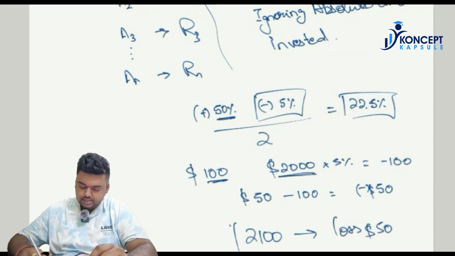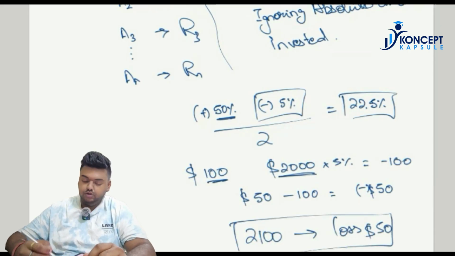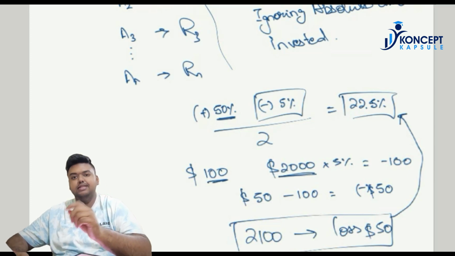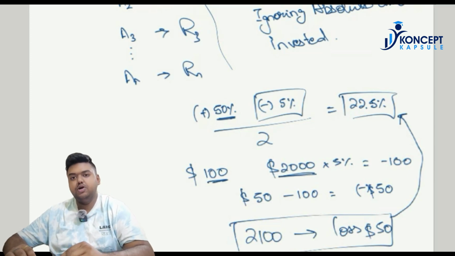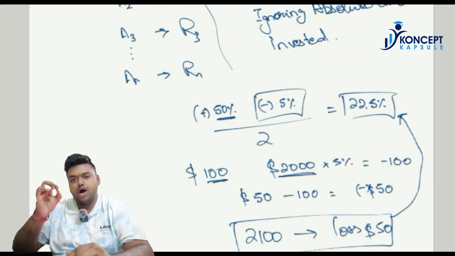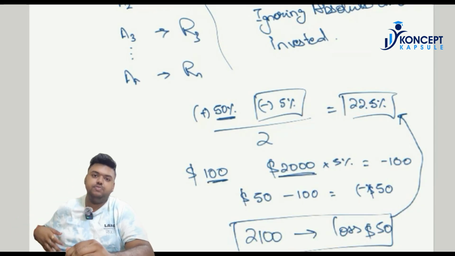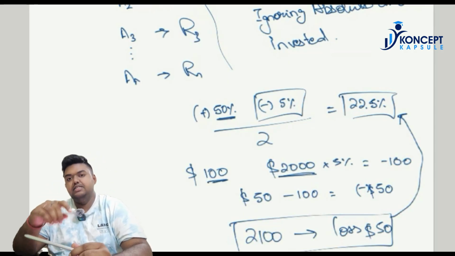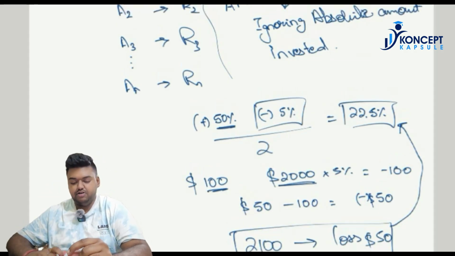However, this conclusion you would not have been able to reach if you were just considering the arithmetic mean return. Why? Because in the arithmetic mean return, we are ignoring the fact as to how much of investment was made in a particular asset class. And that important aspect is covered in the money weighted rate of return.